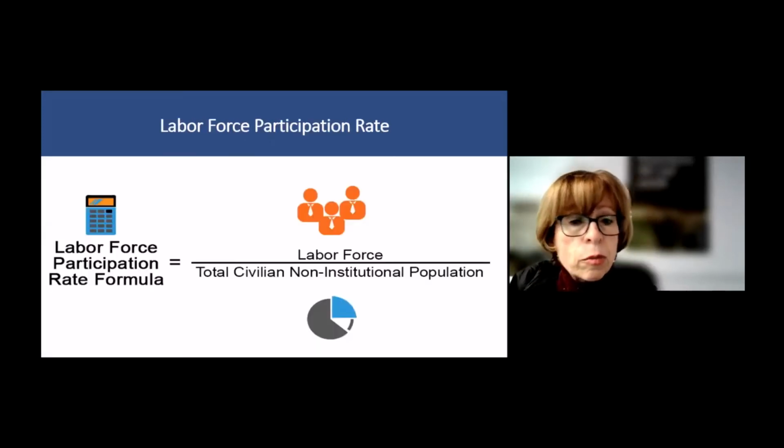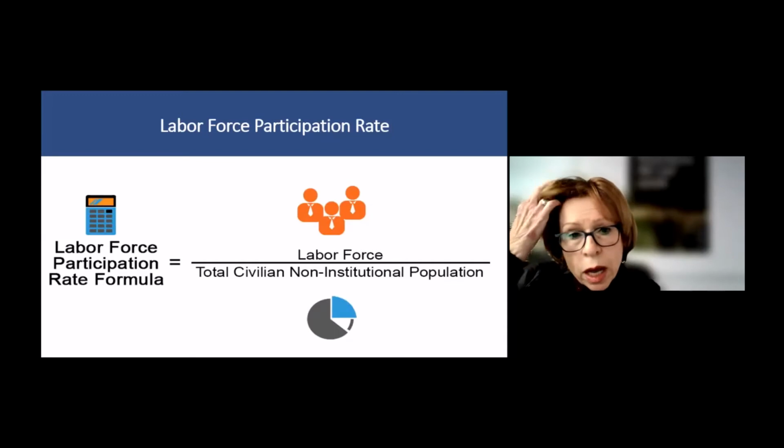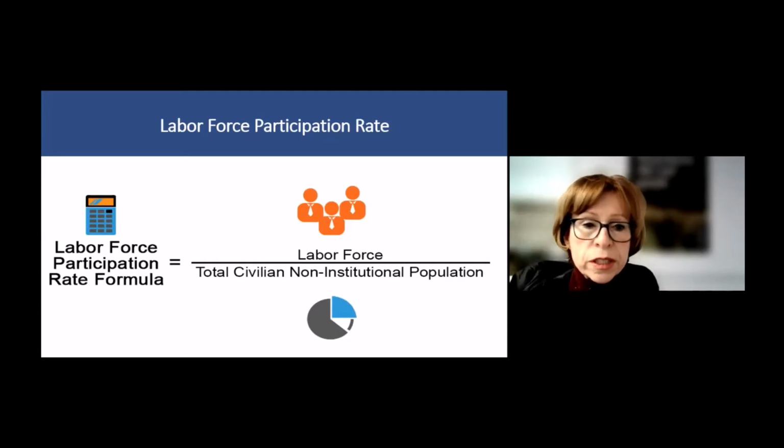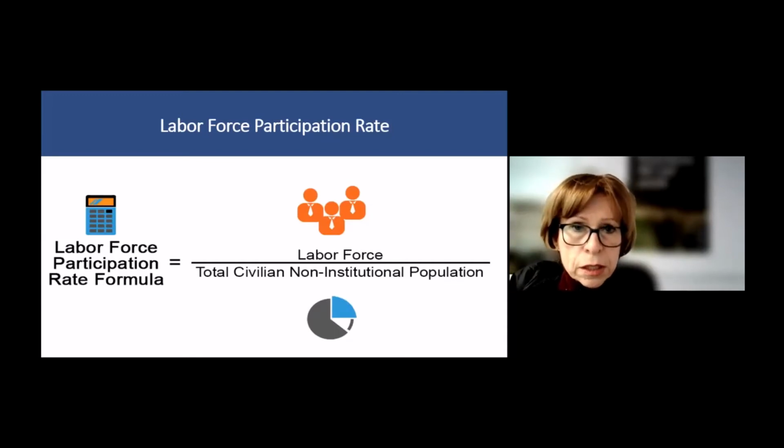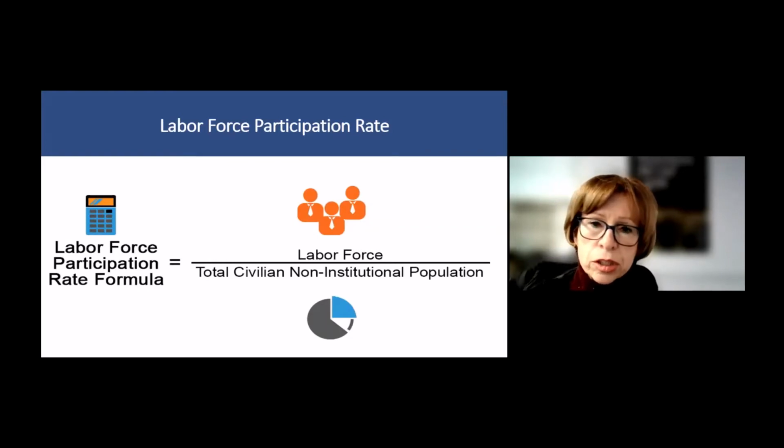Now, there's another measure that is important as well. It's called the labor force participation rate. So the labor force participation rate is, you take the labor force in the numerator, and then you divide it by the total civilian non-institutional population.